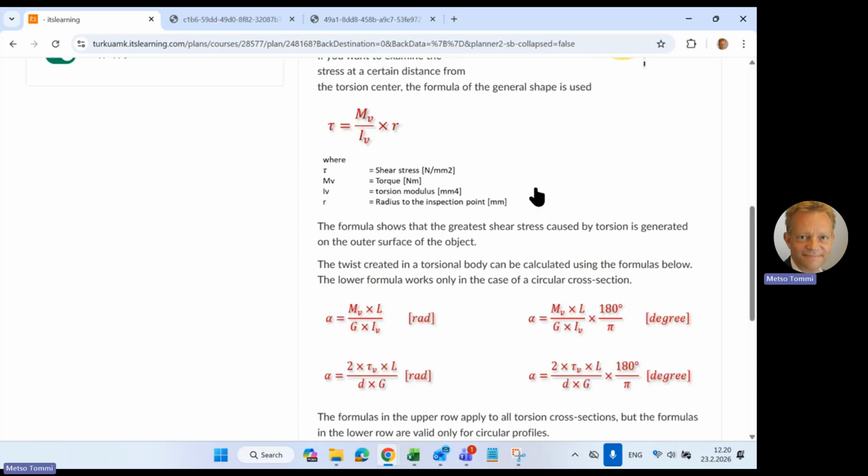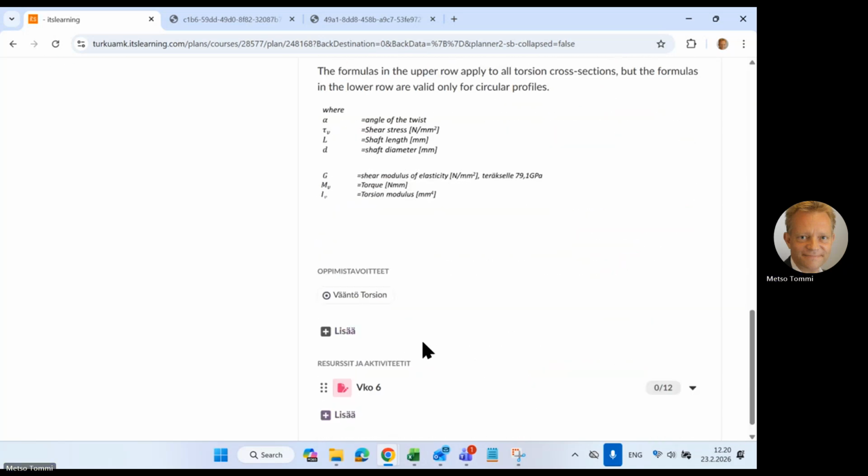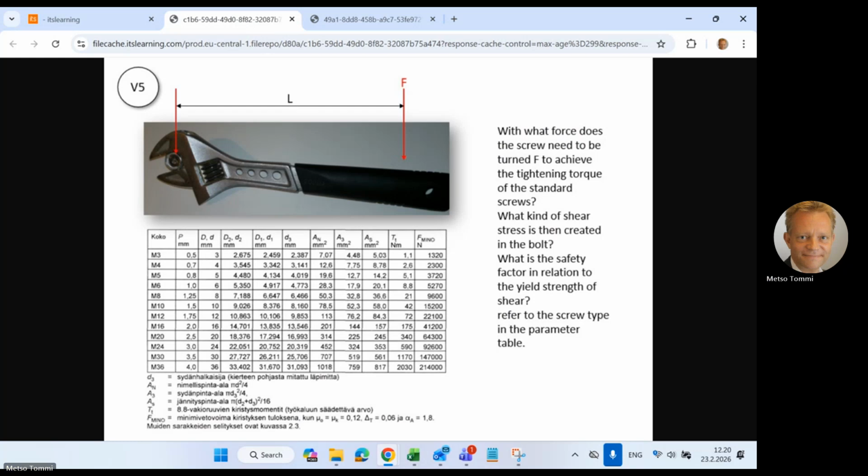Okay, let's see these problems that we have today.